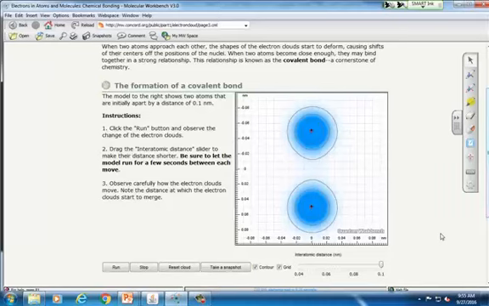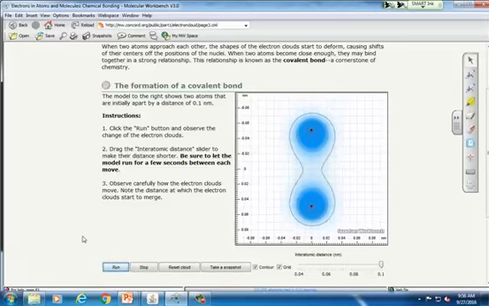So this one is also really nice. It shows what happens to the electrons when atoms get close enough together. So you guys can see I've got a positive here and a positive here. So this would be like 2 hydrogen atoms. So right now, they're at a pretty far distance.